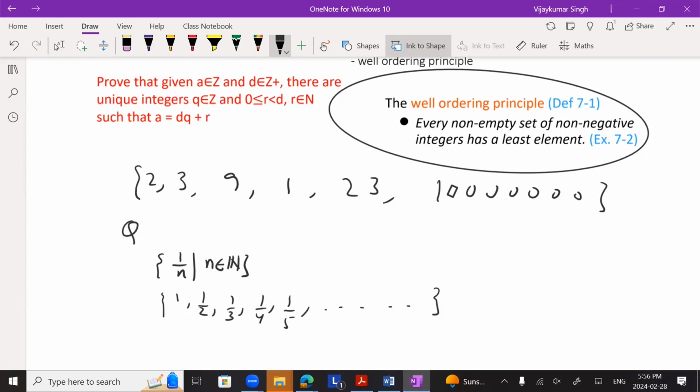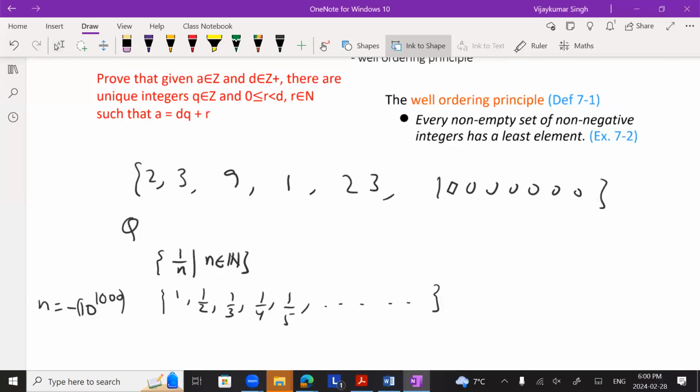This is called the well ordering principle. If you take a non-empty subset of non-negative integers, it will always have a least element.